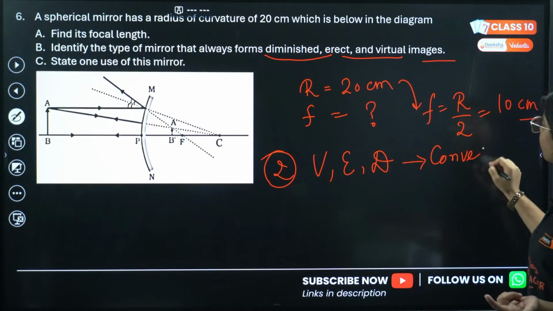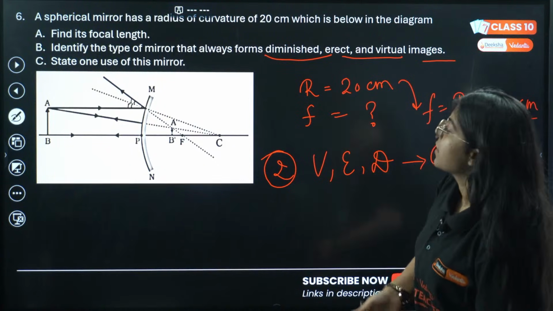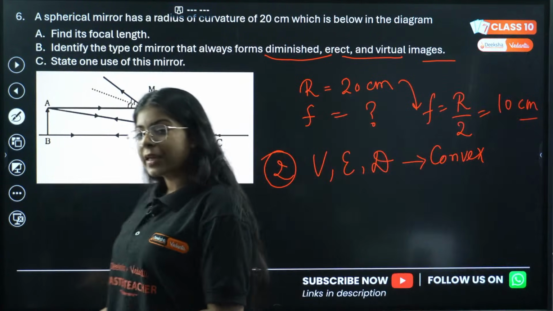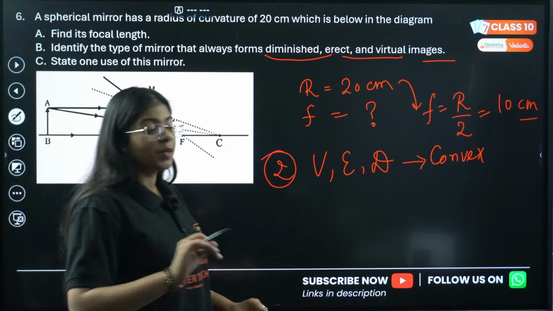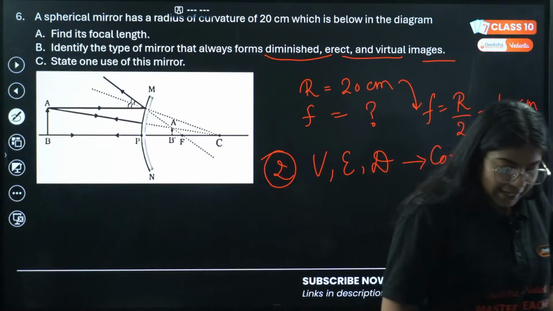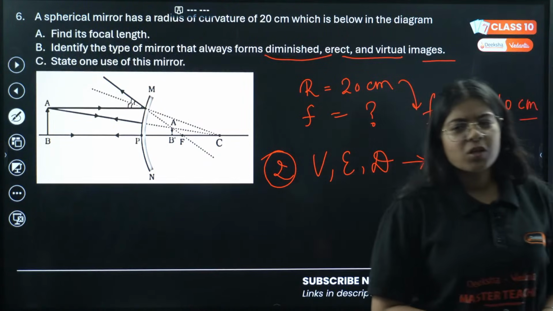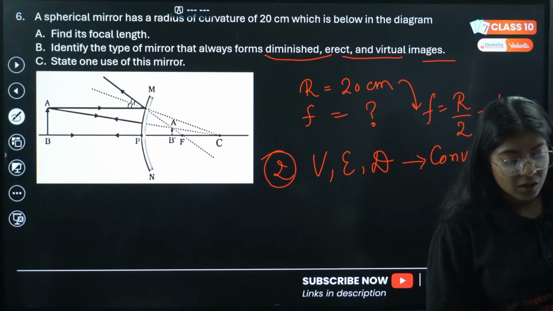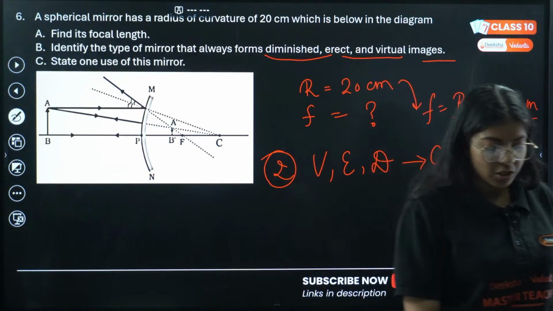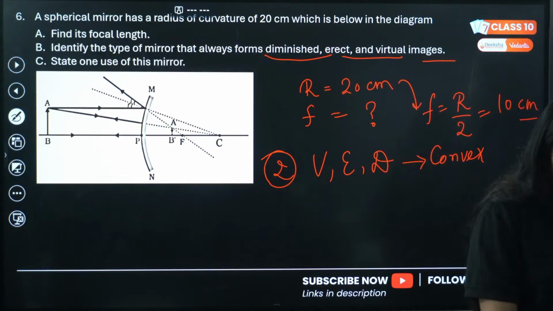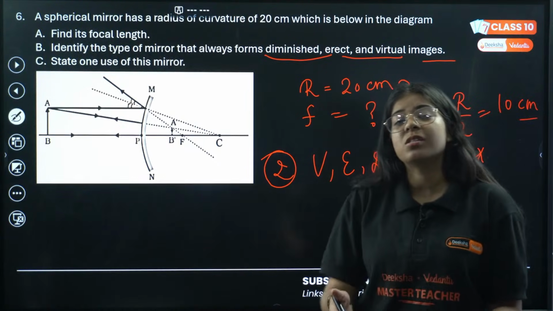Then third part. Is there a third part? Yes. State one use of this mirror. Can you let me know where this convex mirror is being used? Dentist used to see cavities. Wasn't that concave mirror, so that we can see the zoomed version? Because convex mirror always produces diminished image, right?